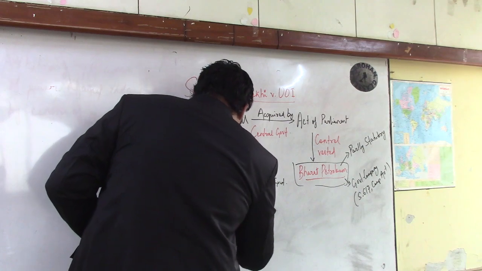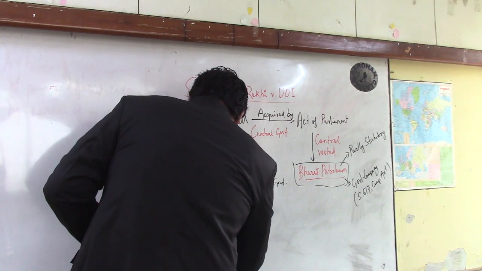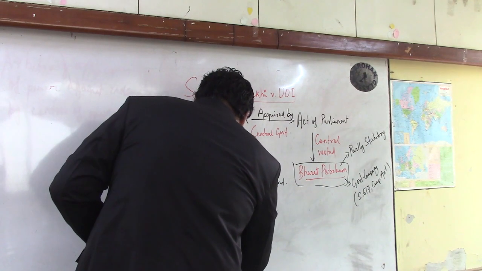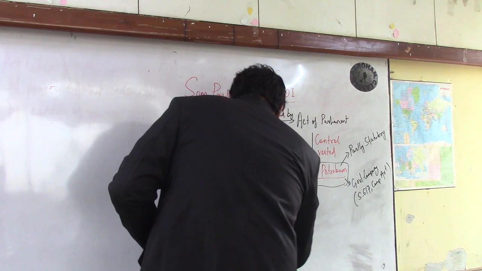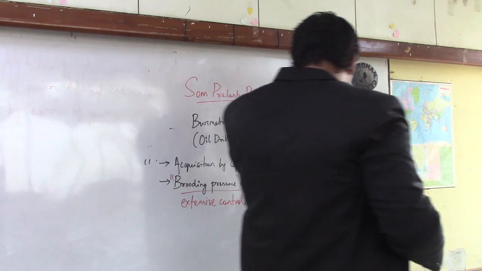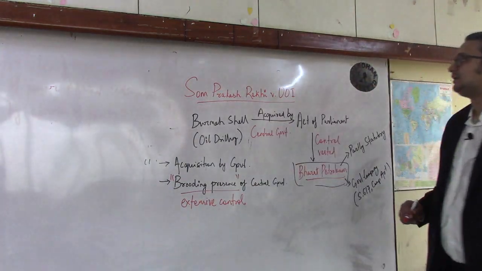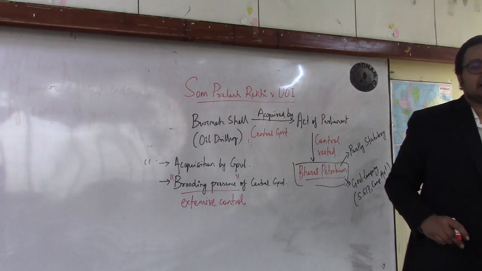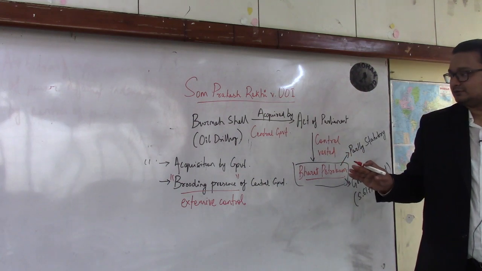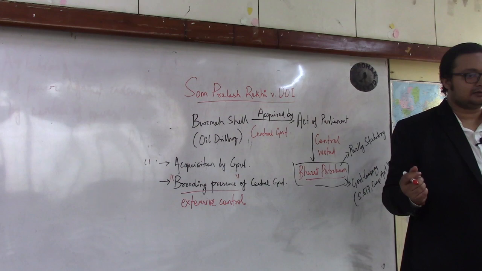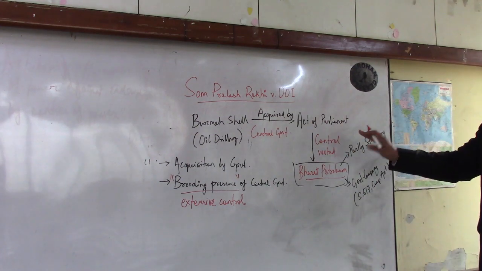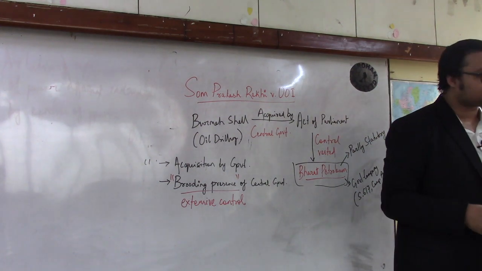This phrase means extensive control. Any doubts from this case? No, sir. Are you clear with the concept? Are you clear with how we are developing the concept over here?